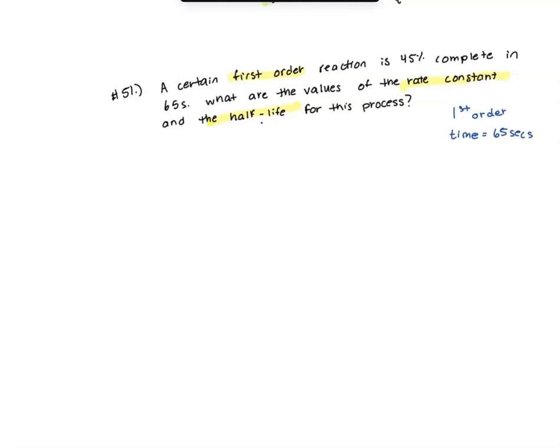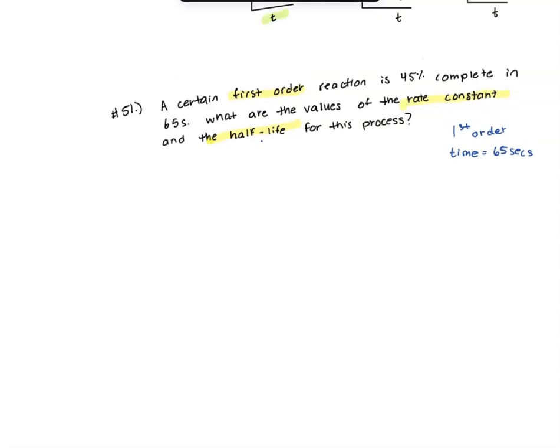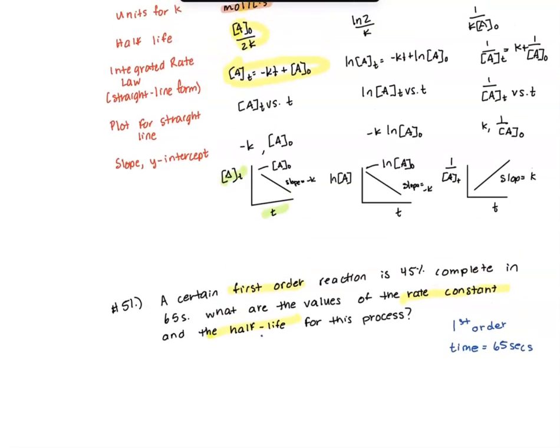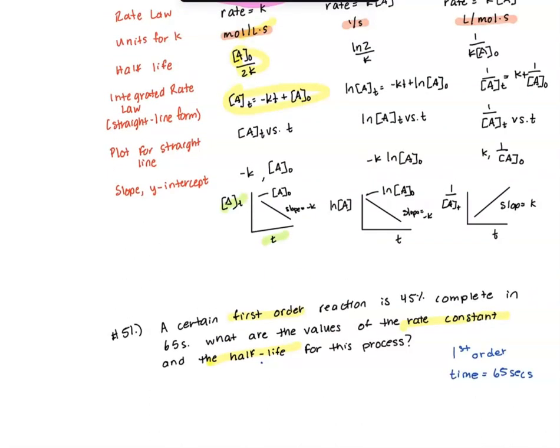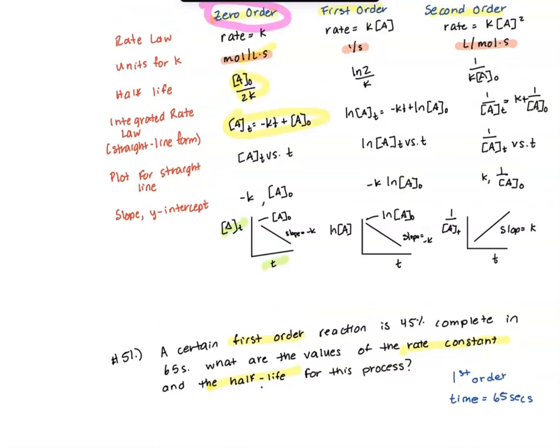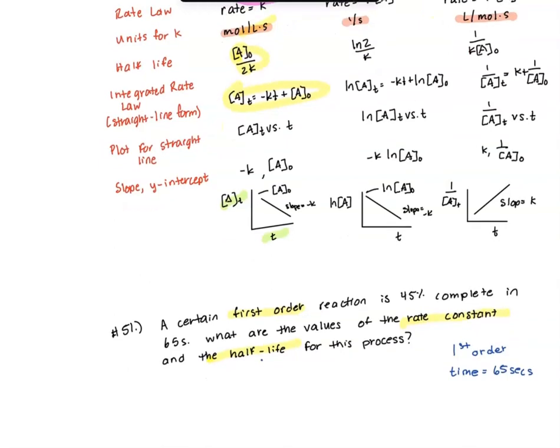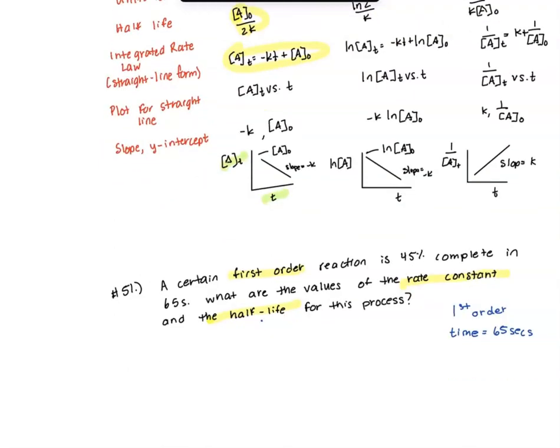And now what we need to do here is, since we know that it is a first order, let's go ahead and look at our sheet that we have here. You want to create a sheet that gives you all the information for all of the integrated rate laws for your zero order, your first order, your second order. That way it'll be a lot easier for you to pull that information.